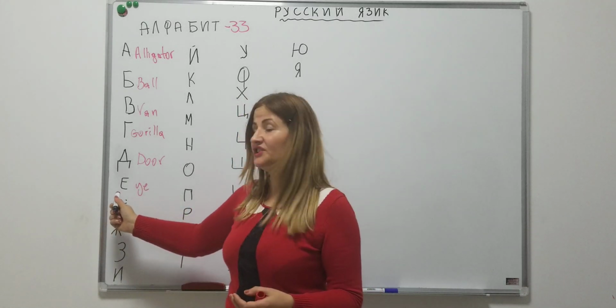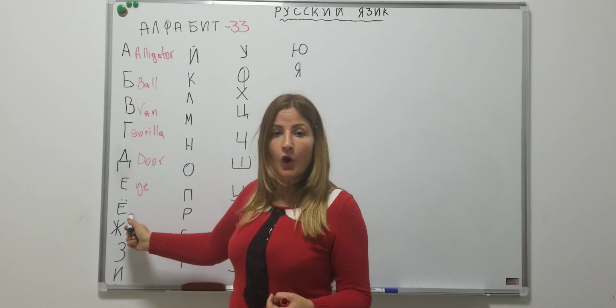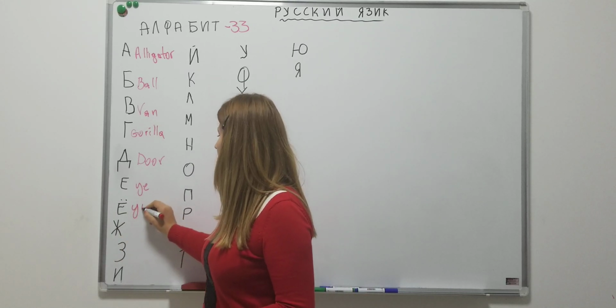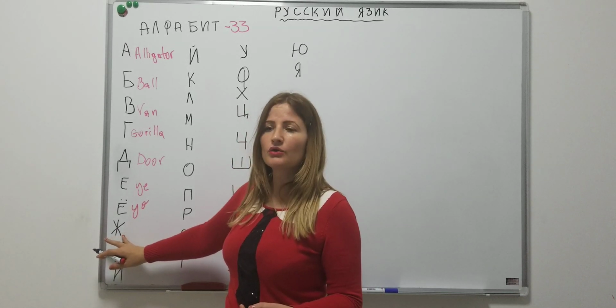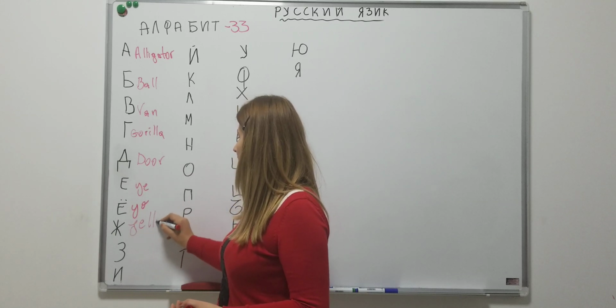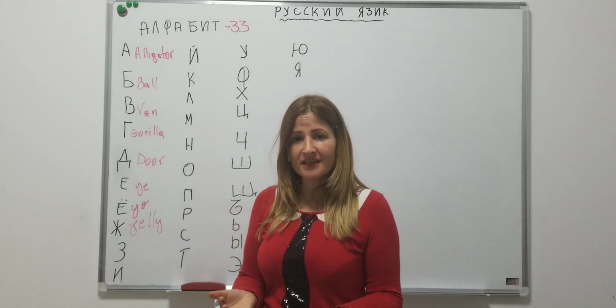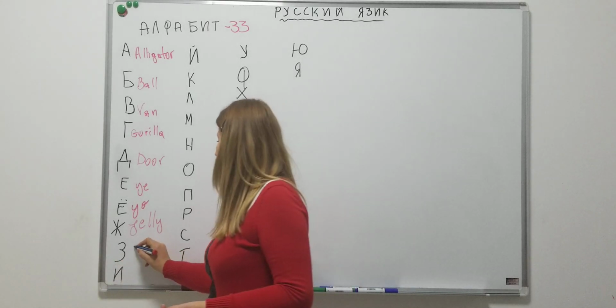This is ye. Yo. J, or in this case let's take it as J. So jelly. J for jelly. Z for zebra.